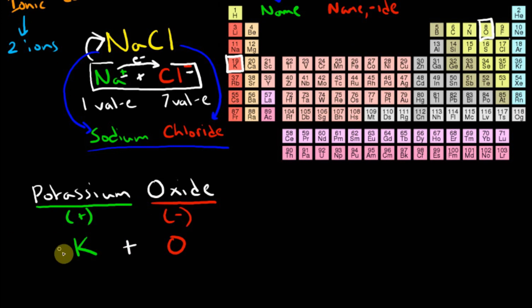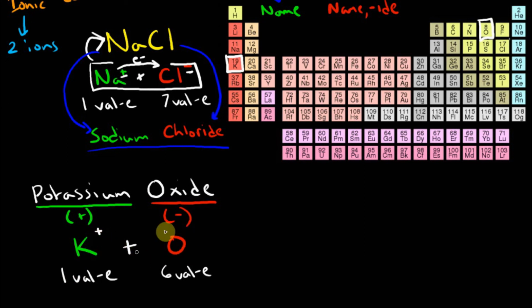Now, as we can see, potassium is in the first column, so it will have one valence electron, just like sodium. Meanwhile, oxygen is in the third to last column, so we can tell that it has 6 valence electrons. So that means that when potassium gives up its 1 valence electron, it will have a charge of plus, and the 1 is assumed since we're just putting a plus.